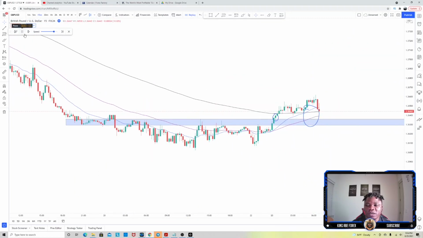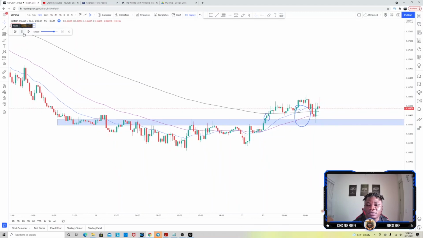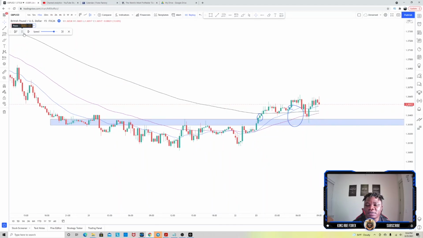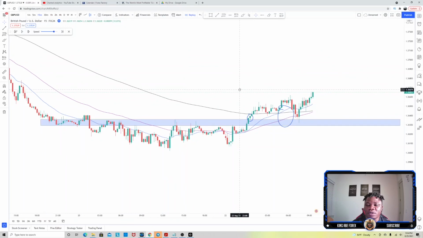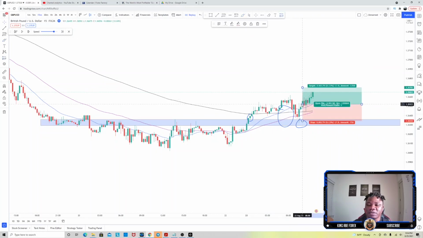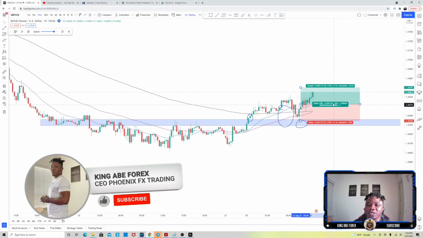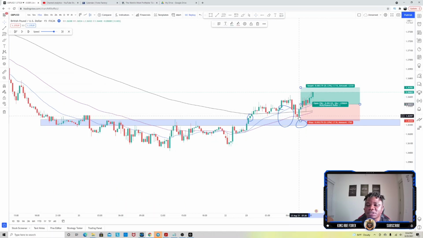We got a retest at this zone over here. Now we're just waiting for price to push back towards the 21 EMA. So our entry will be right over here. We can get in the trade now, because price is above the 21 EMA. We got a retest, and now we have our entry right there.